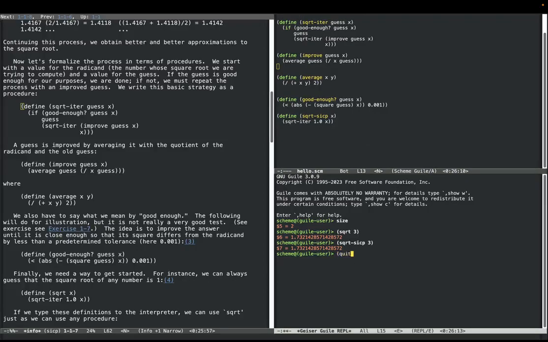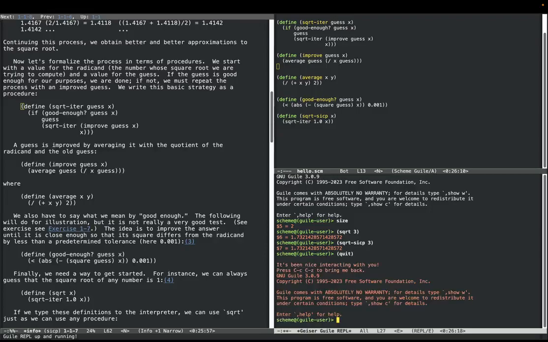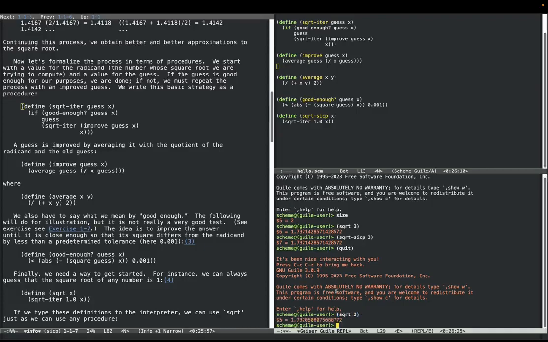Let's try quitting out of here and then bring it back. And then sqrt. Okay, so the SICP version is not defined. Then we try square root of 3. Ah, yeah, so it is different. Okay, so after 1/1000 it goes off the rails. Okay, and so you can redefine functions, is what I was trying to test. Okay, and we're over 25 minutes, so I'm gonna end it here.